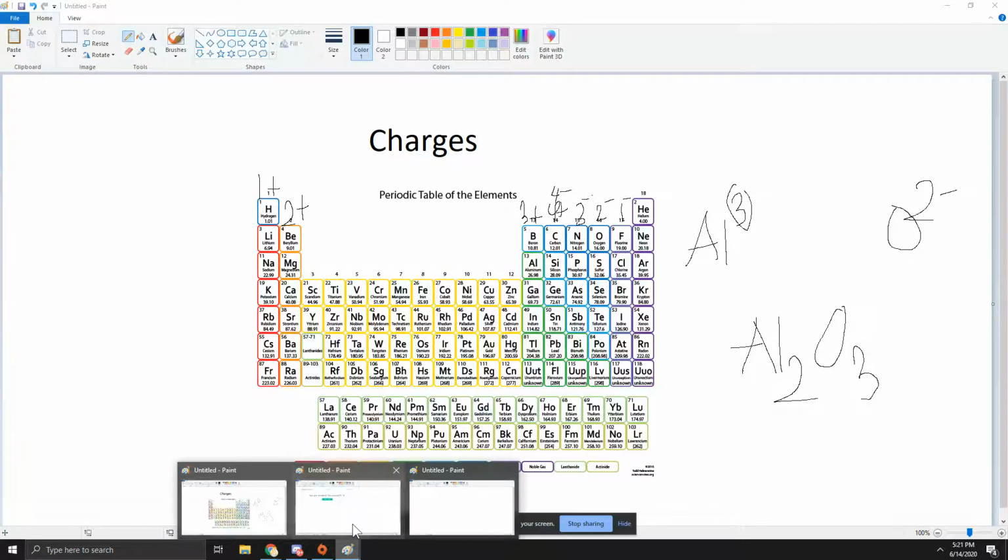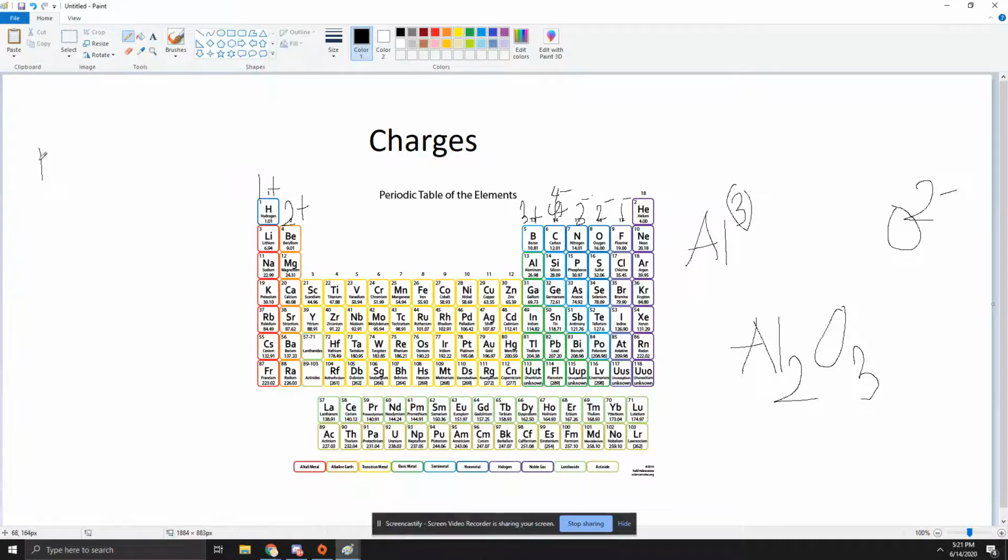For example, let's say hydrogen will always have plus one charge, one positive. We don't have to write the positive. So H, and we don't have to write a one either. But for the transition metal, let's say we're gonna use silver, Ag.